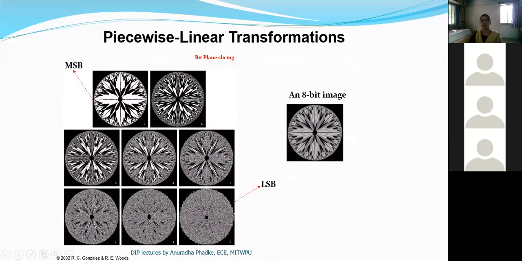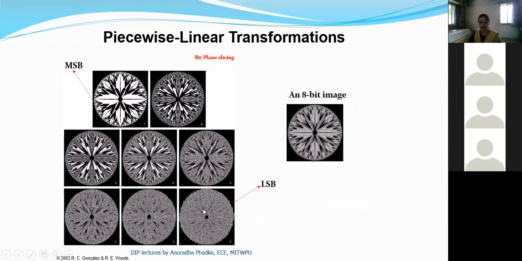This is the next most significant bit, that is at location 6. We can collect bits at location 6 from all the pixels in the given image. So this is your original image, and this is binary plane 6, as displayed here. Then this is the next plane, that is the bit plane using bits at location 5. Then this is the next one, and this one is the least significant bit plane.